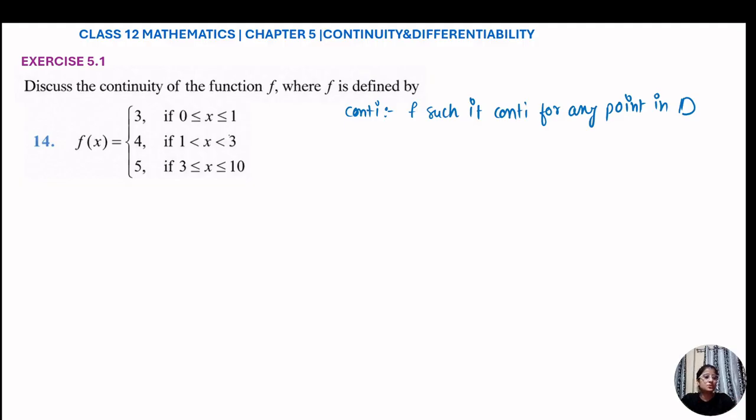So let's begin with question number 14. I have already told you many times in the previous questions also, let me repeat that for this video, that whenever you have a function f which is splitting at some points, then we have to just make the cases. Case one contains the points before that point, case 2 contains exactly that point, and case 3 contains the points after that.